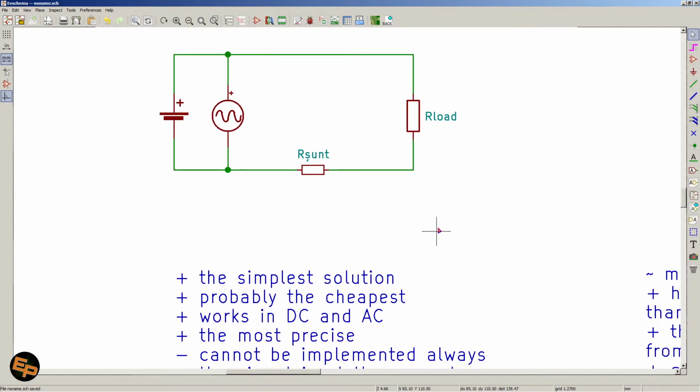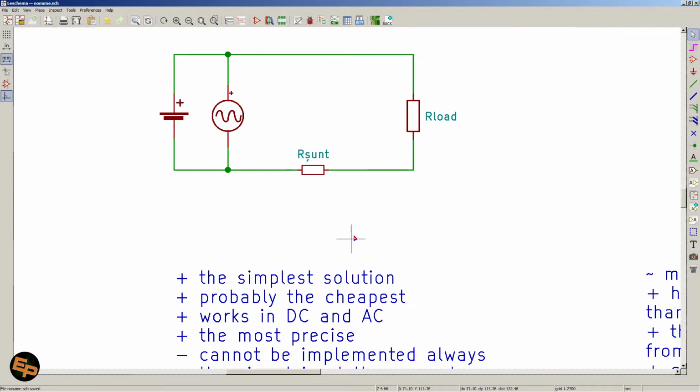There are a few reasons why you sometimes cannot implement this option. If this is a circuit that you are designing, then most likely you will be able to implement it, because you can just take this shunt resistor into account and calculate all the other components based on the fact that you have a shunt resistor and therefore an extra voltage drop in there.